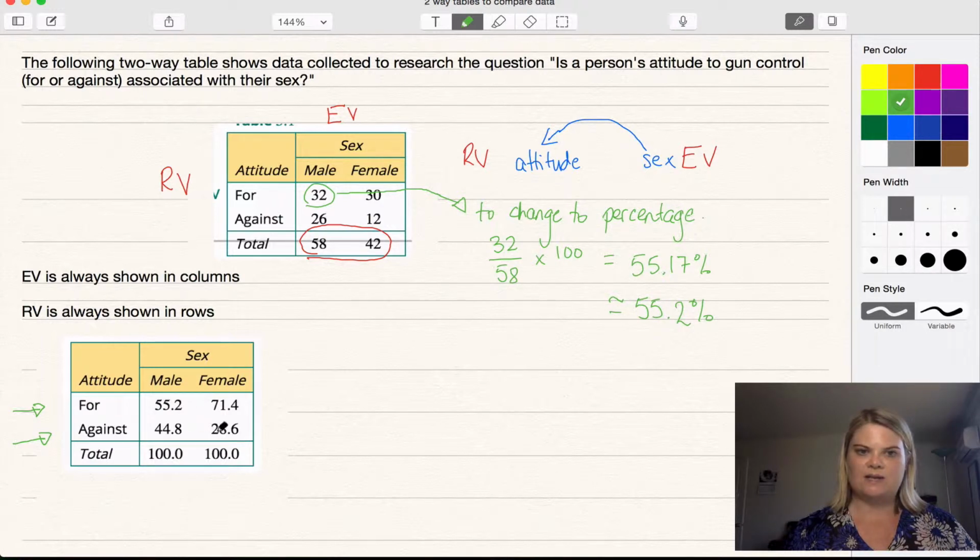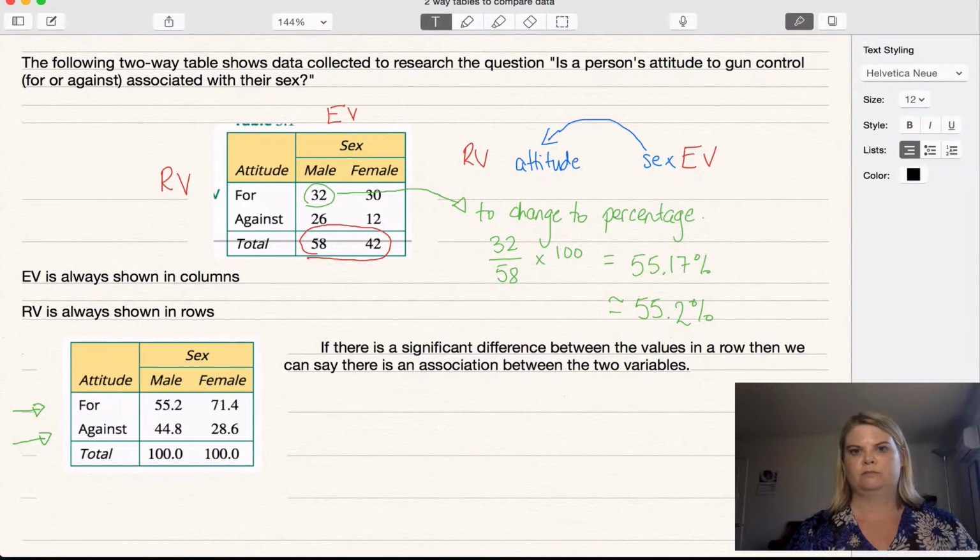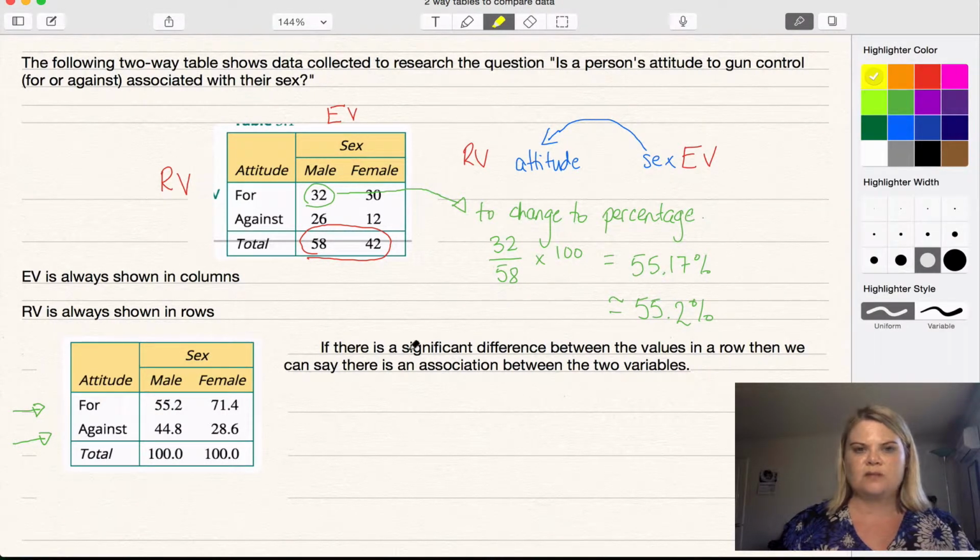Because these numbers are significantly different, we can say that there is an association between the two variables. A few words I'd like to point out there. Significant difference. What's a significant difference? People always ask me.